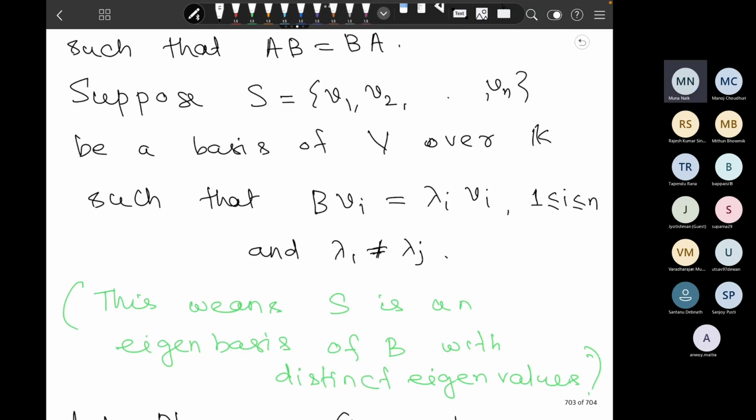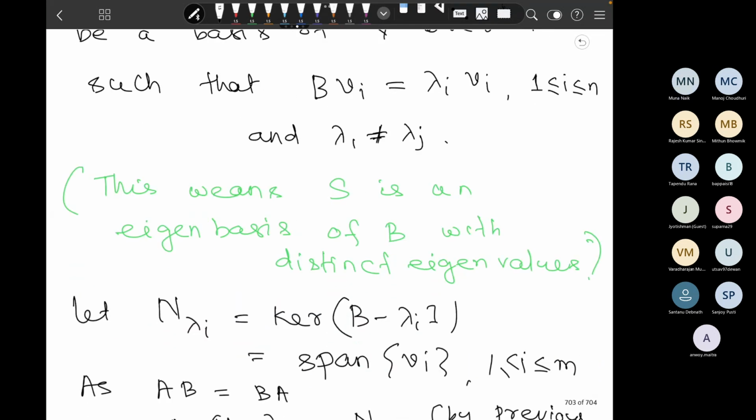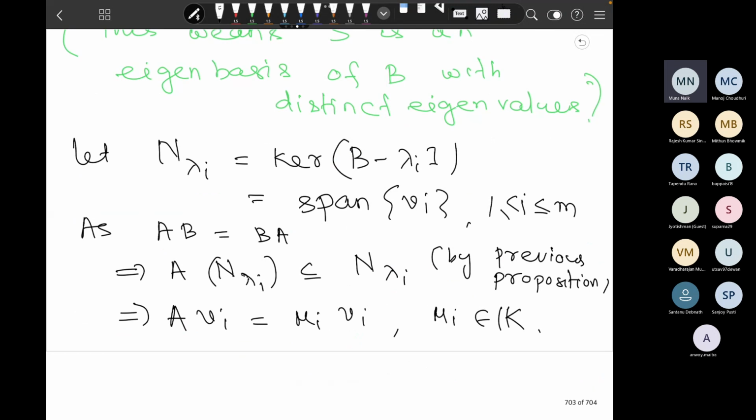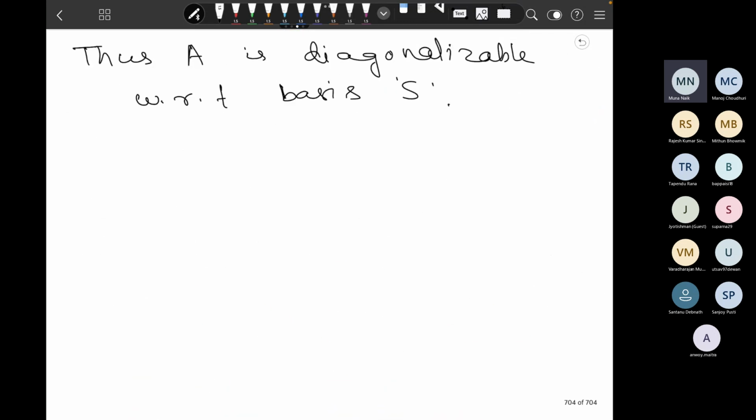Suppose B is diagonalizable with distinct eigenvalues, or B has an eigenbasis with distinct eigenvalues. Then if A commutes with B, I am getting A v_i is equal to μ_i v_i. That means A is diagonalizable. Okay, so now we will apply this thing.